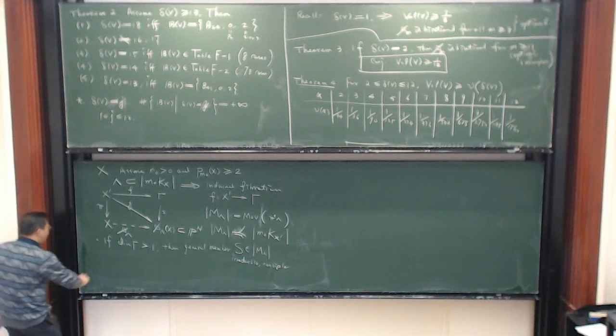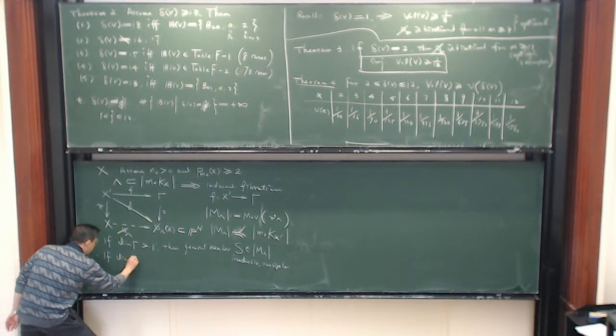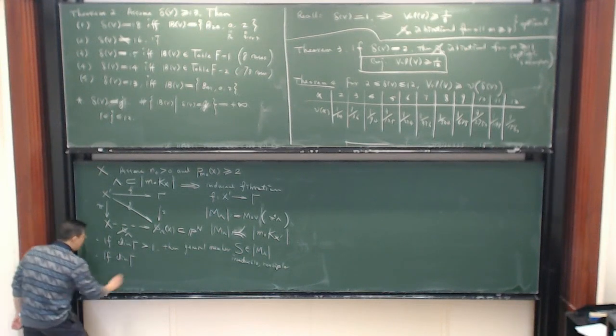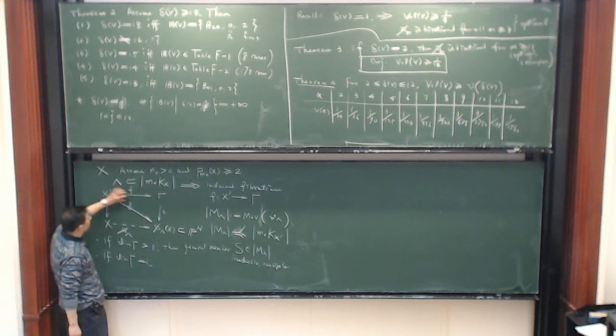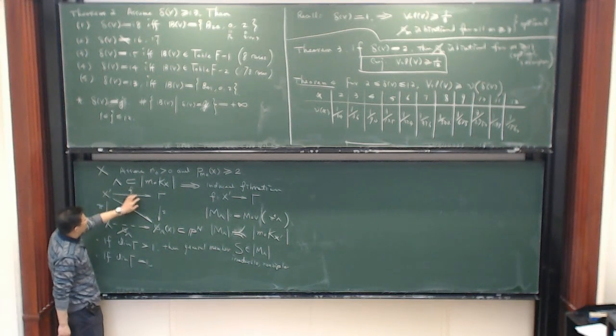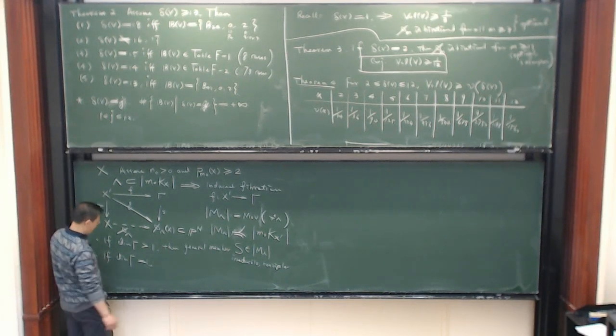And on the other hand, if the dimension of gamma is 1, or gamma is a curve and x prime is a threefold, then this is the induced fibration. So the general fiber is a smooth surface of general type.